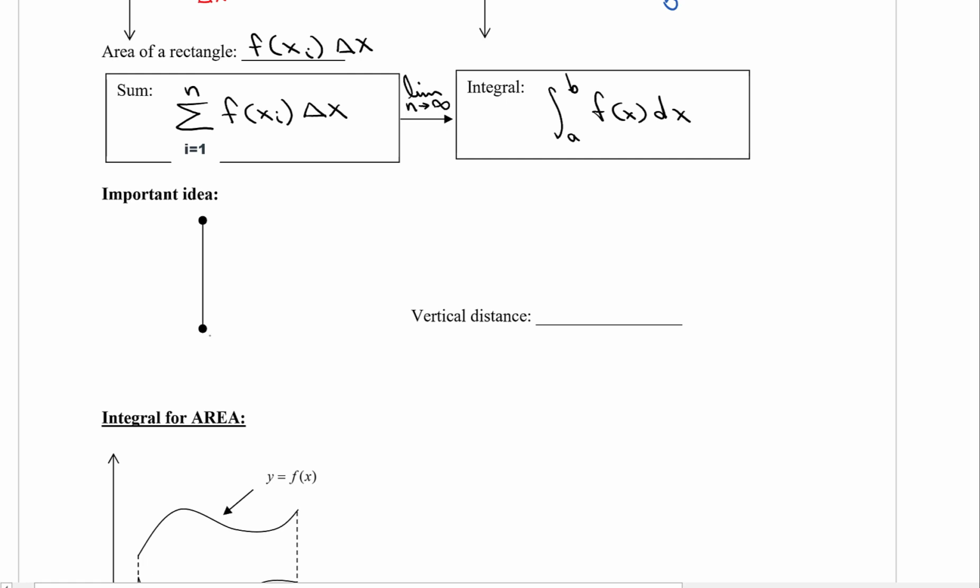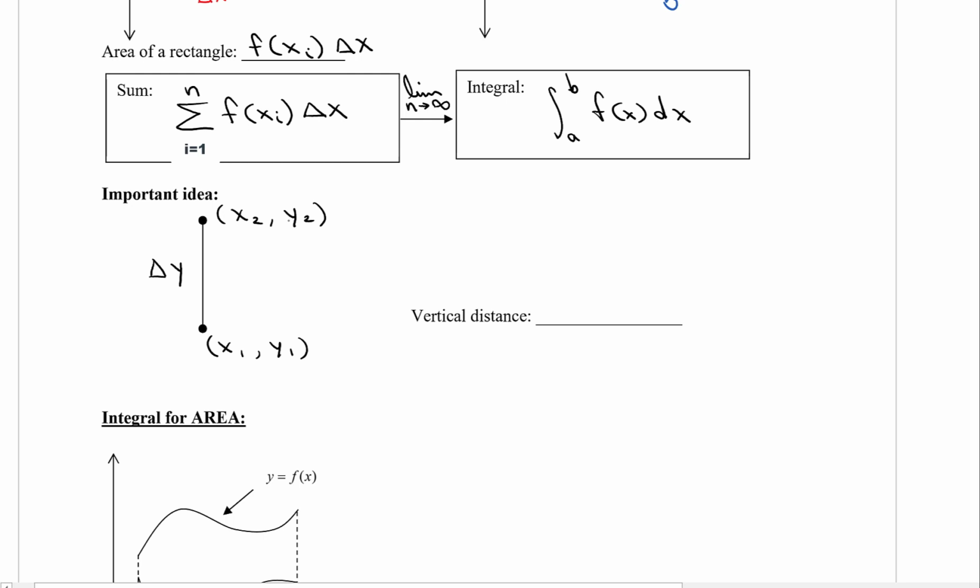Here we have a vertical line segment with the endpoints at x sub 1 comma y sub 1 and x sub 2 comma y sub 2. If I want to find the vertical distance on this line segment, the important part to focus on here would be our distance from the y's.